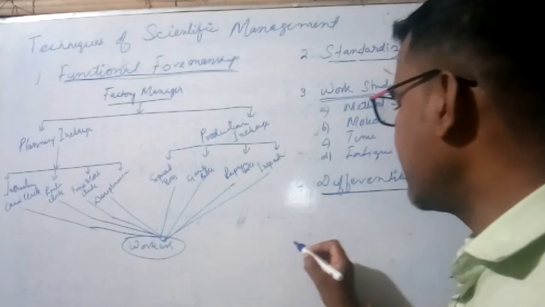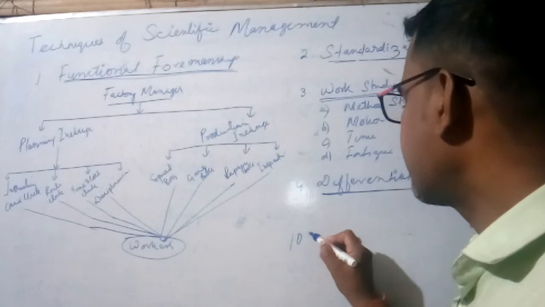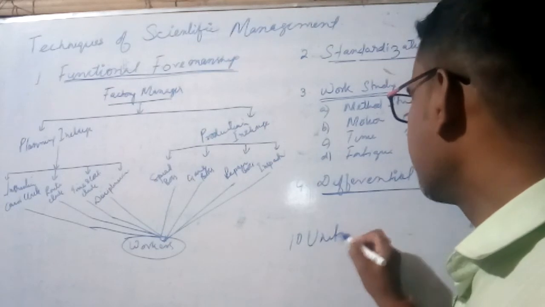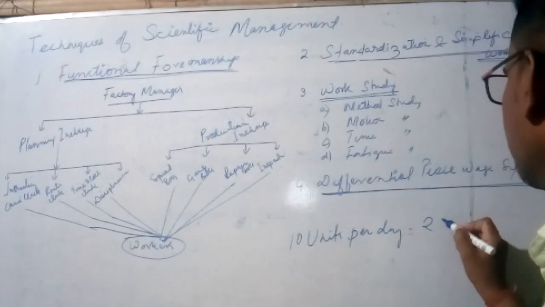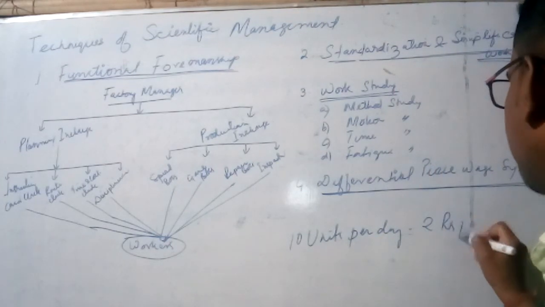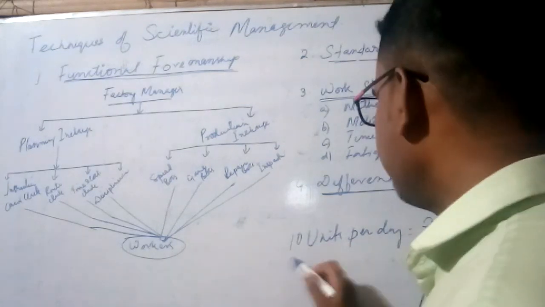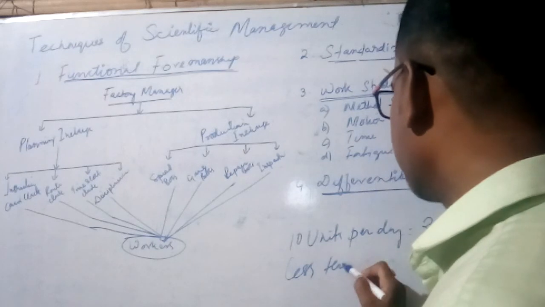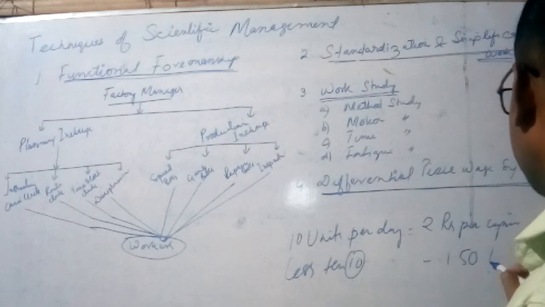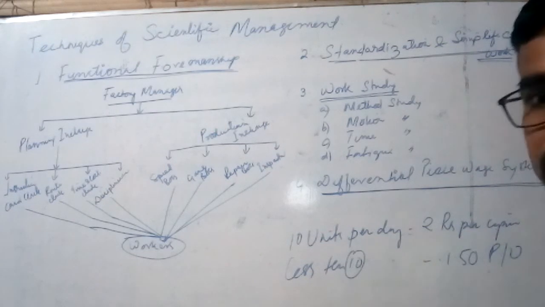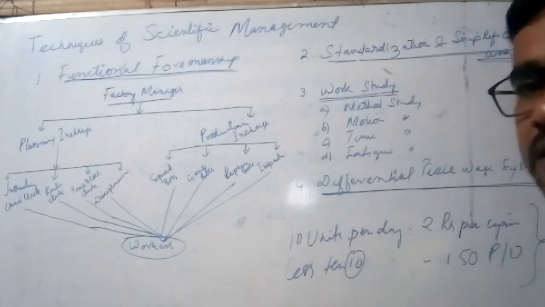So managers will be setting in this way, if anyone works 10 units per day, then he will get 2 rupees per piece, and if it is less than 10, then he will get 1.50 per unit. So this is said to be a differential piece wage system.